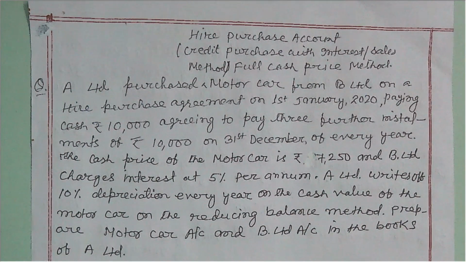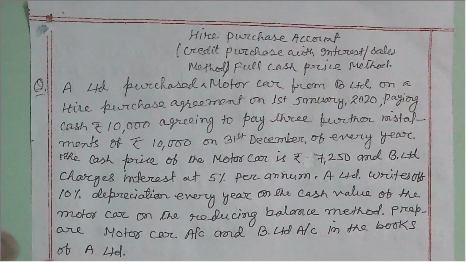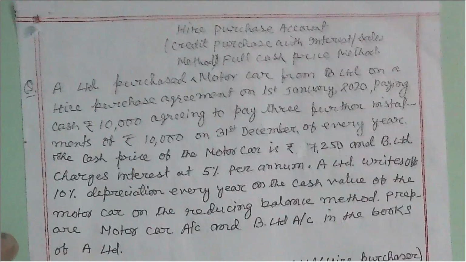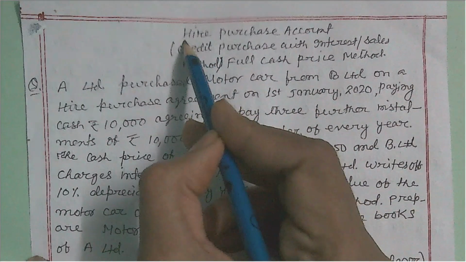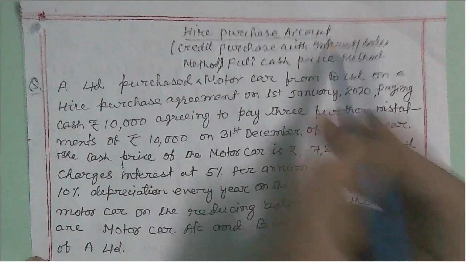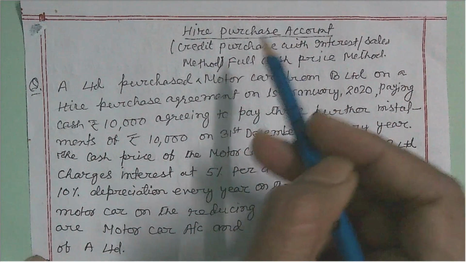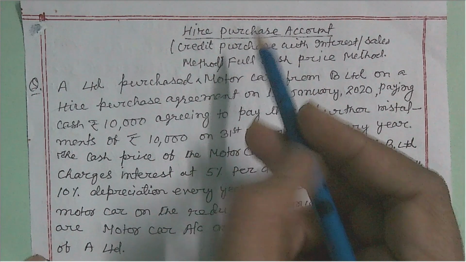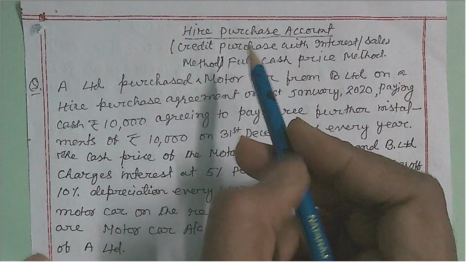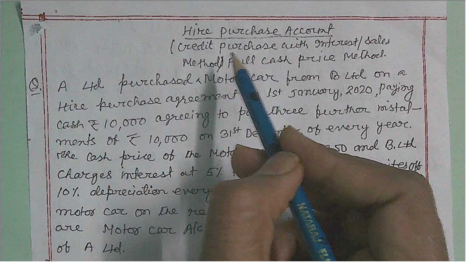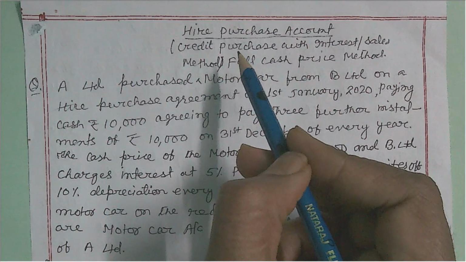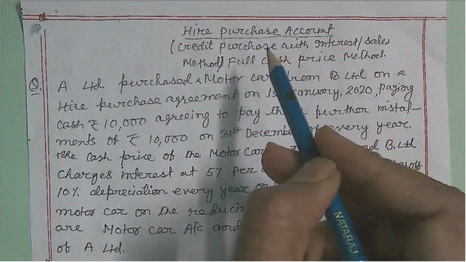So here the problem is on your screen. Hire purchase system. There are a number of methods used for recording hire purchase transactions in the books of the hire purchaser as well as in the books of the hire vendor.